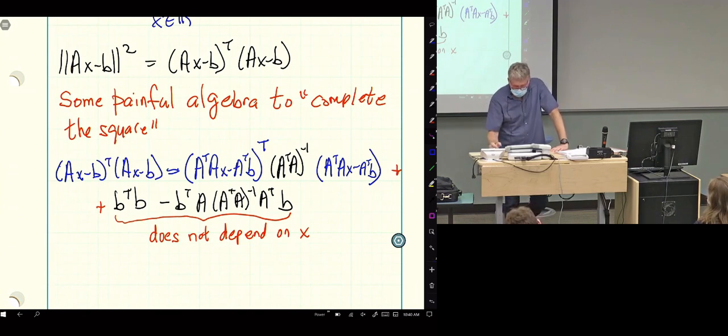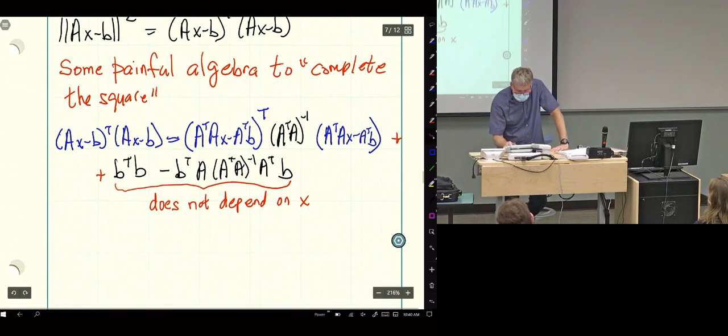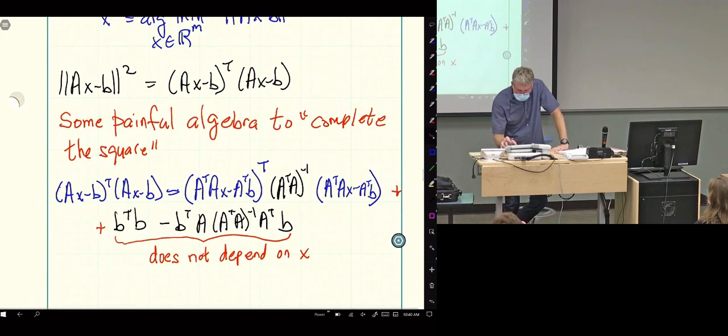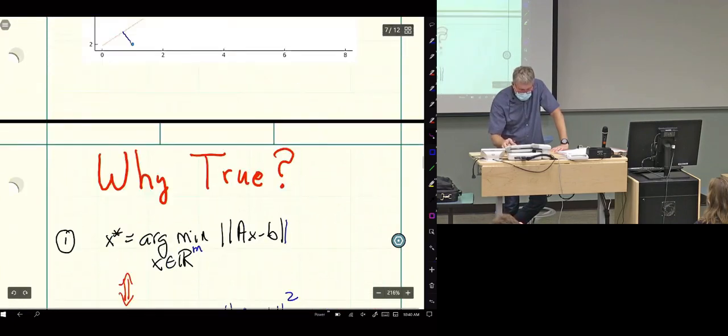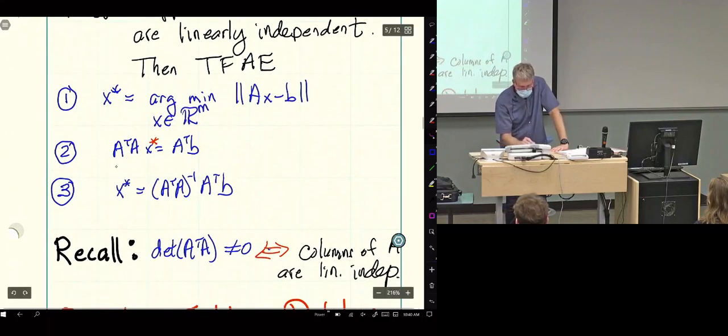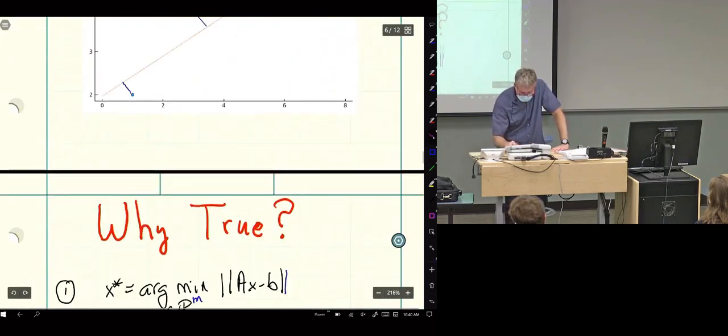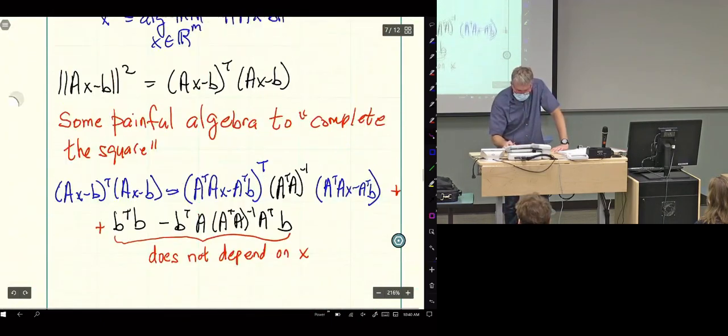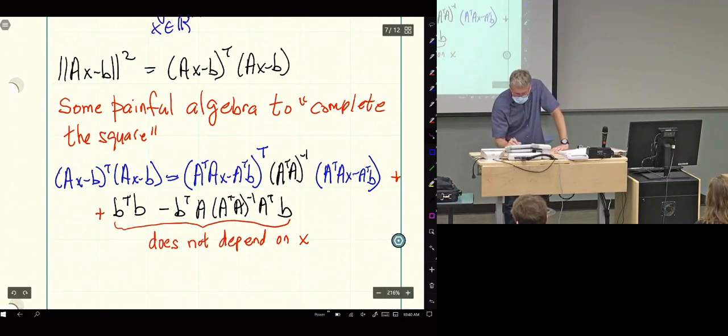And that's the solution. A transpose Ax minus A transpose b equals 0. That's the solution. Okay, so that's what completing the square tells you.